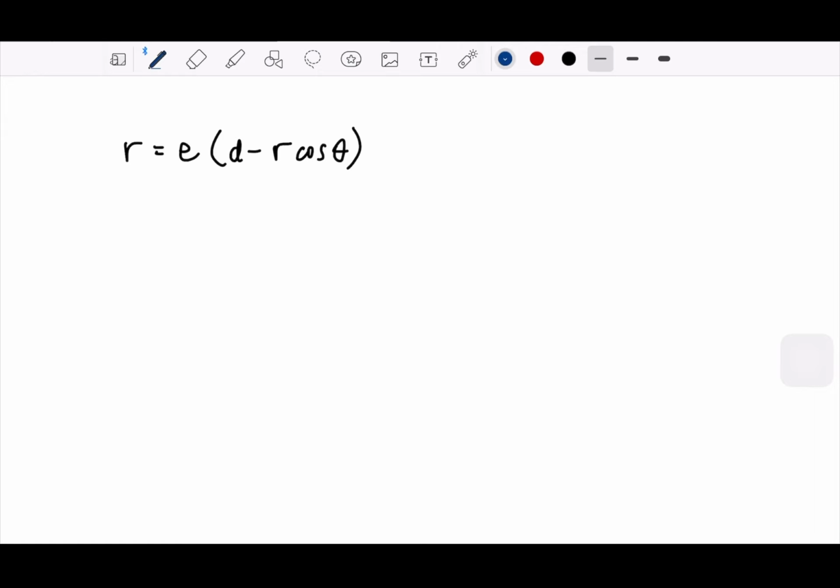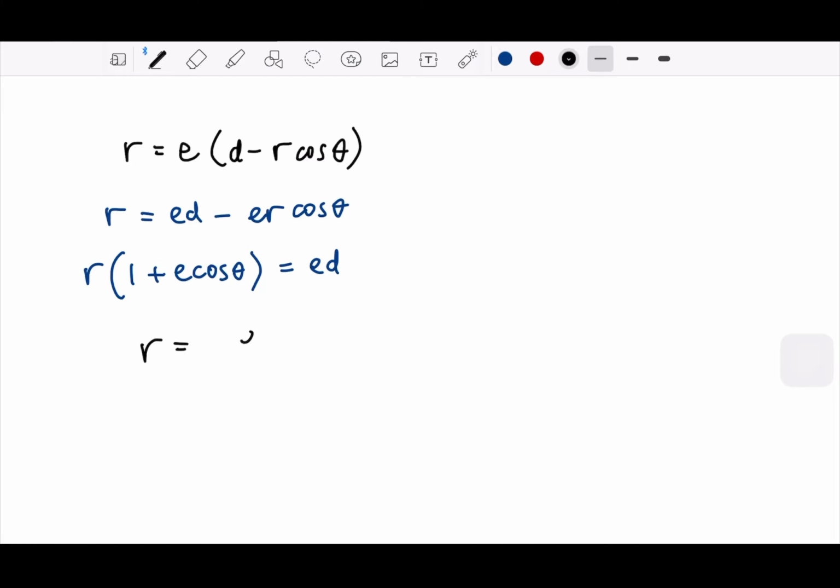If we take the solution of r, so r will be ed divided by 1 plus e cosine theta, like that one.